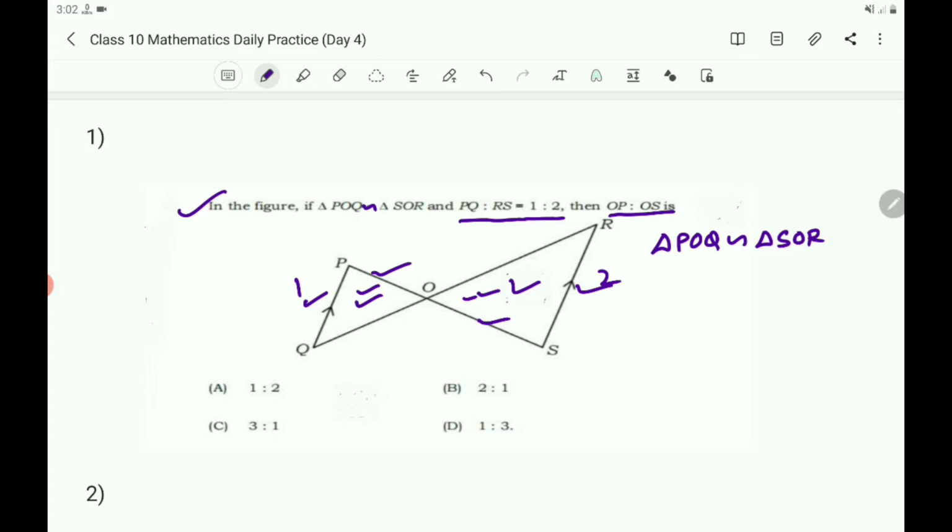So you can say that PQ by RS equals PO by OS. The corresponding sides must be in same proportion.